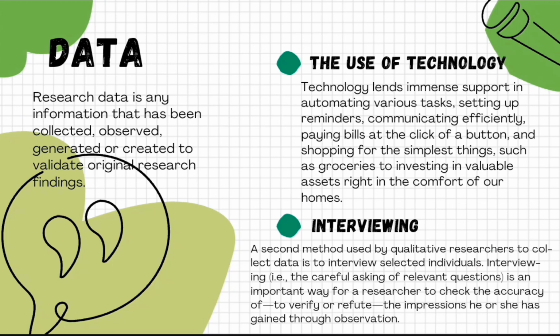Research data is any information that has been collected, observed, generated, or created to validate original research findings. Research data may be arranged or formatted in such a way as to make it suitable for communication, interpretation, and processing. Data comes in many formats, both digital and physical.